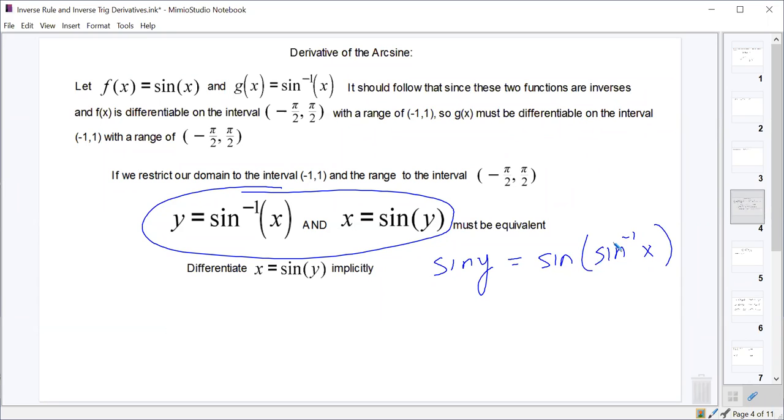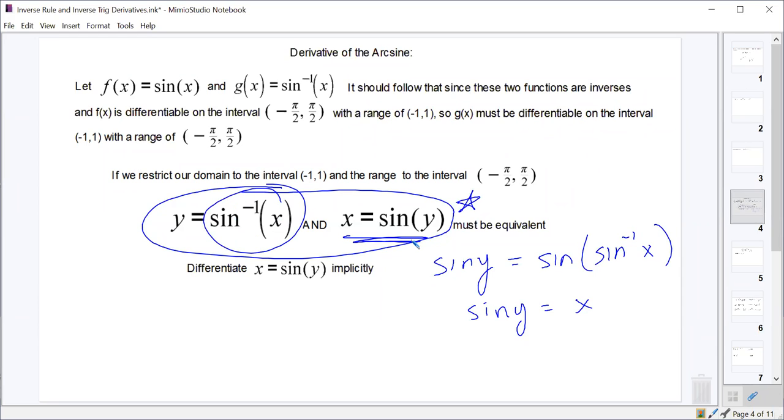Sine and inverse sine are opposite operations of each other, and we'd end up with sine of y is just equal to x, right? So these two things are equivalent. Good or no? Good. Okay.